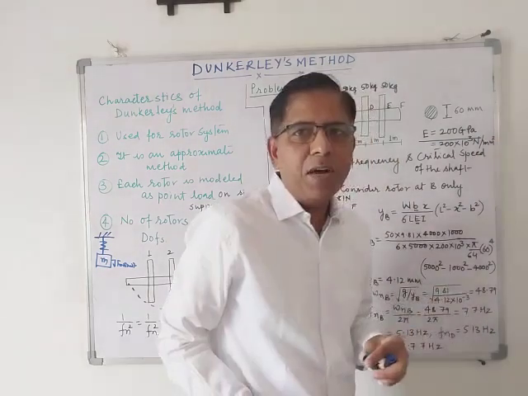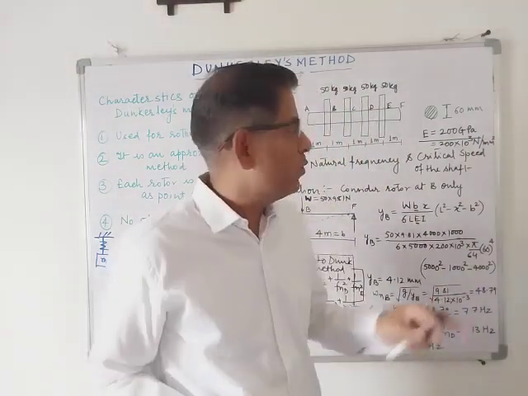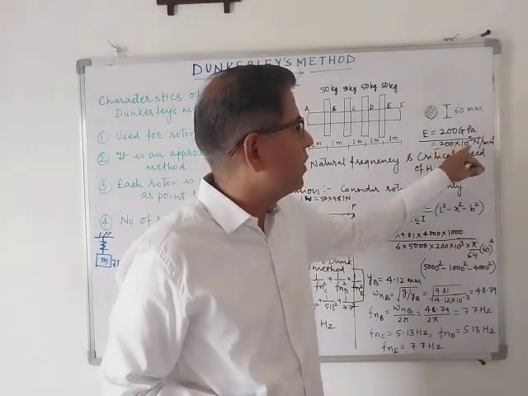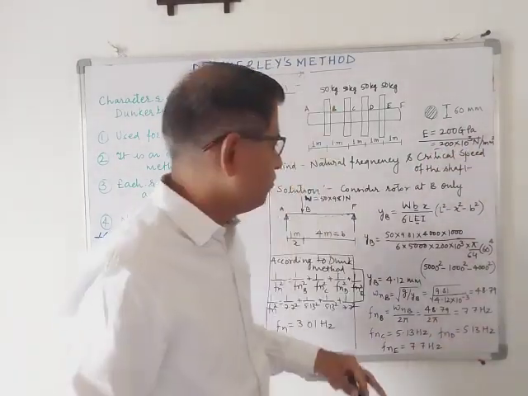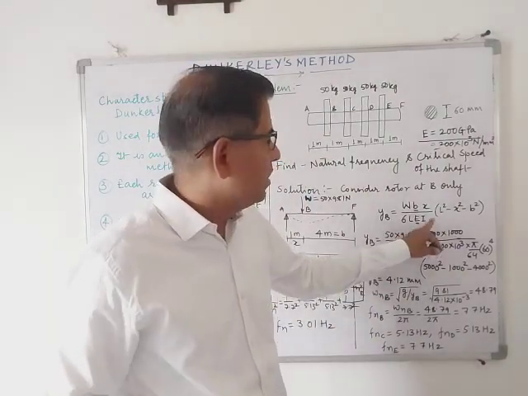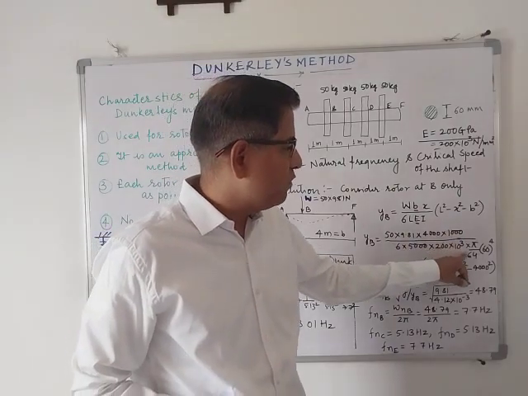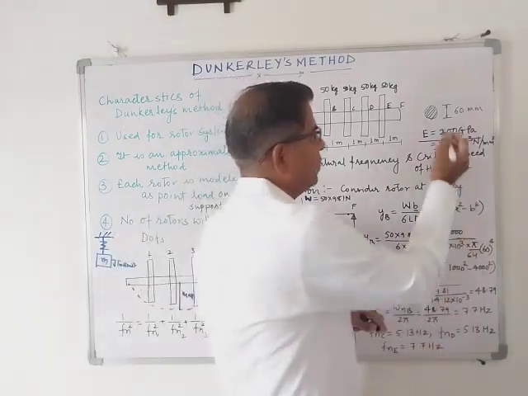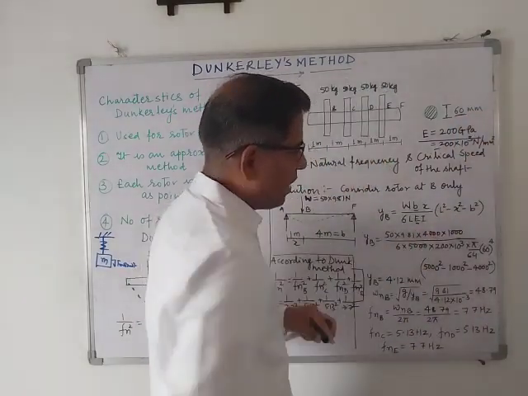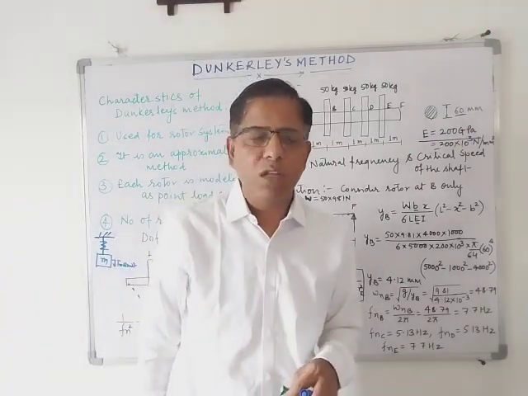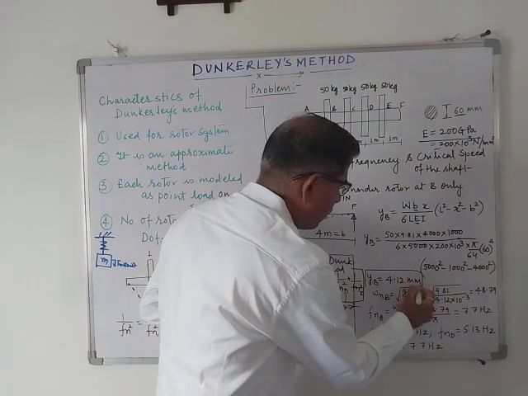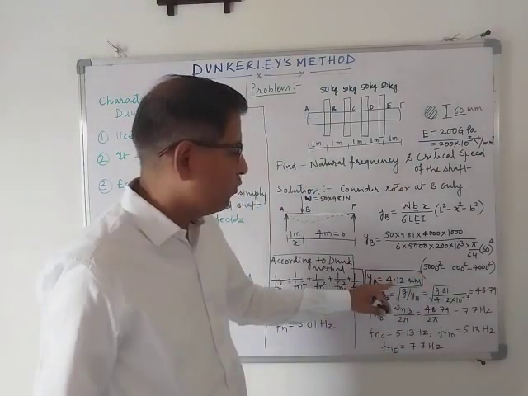We know that megapascal is nothing but Newton per mm square. Then I is the moment of inertia, which is given by pi by 64 d to the power 4. The diameter of the shaft is given as 60. Then we'll put all these values in mm and Newton, and we'll get the deflection because of the rotor at B as 4.12 mm.